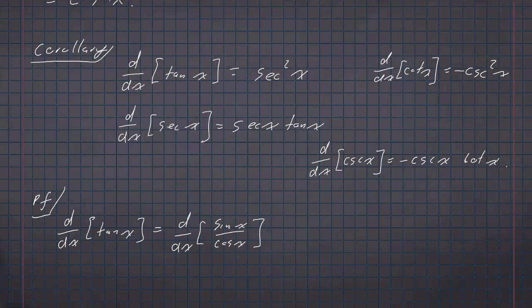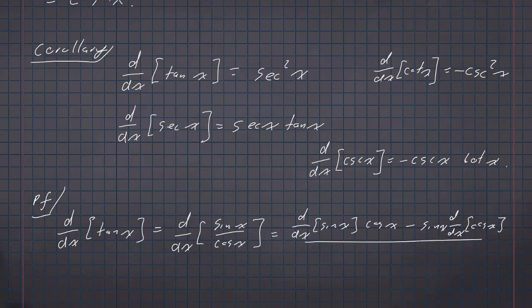And when you have a quotient, you take the derivative of the numerator times the denominator minus the numerator times the derivative of the denominator. So we have the derivative of sine times cosine minus sine times the derivative of cosine all over the denominator, which in this case is cosine squared.